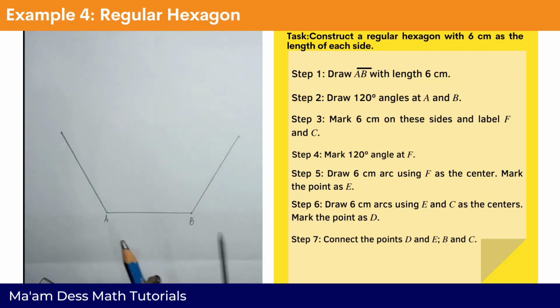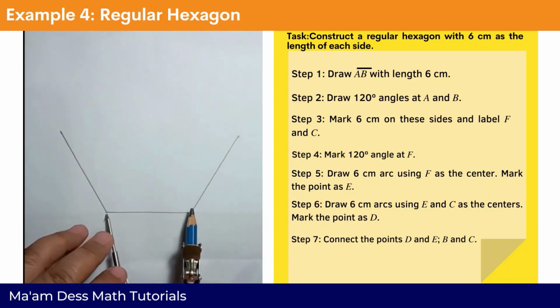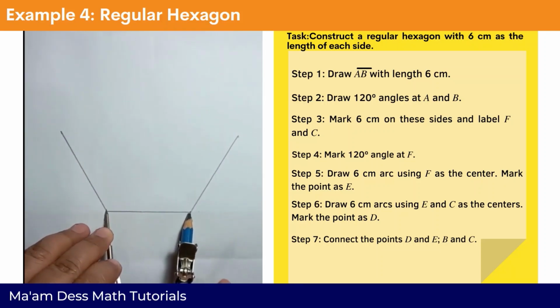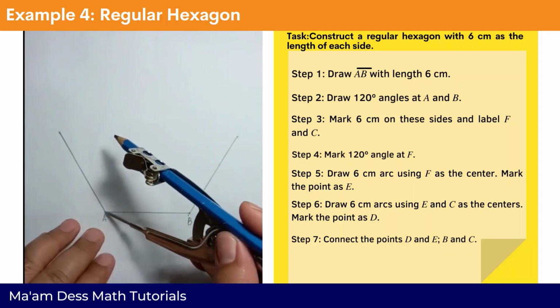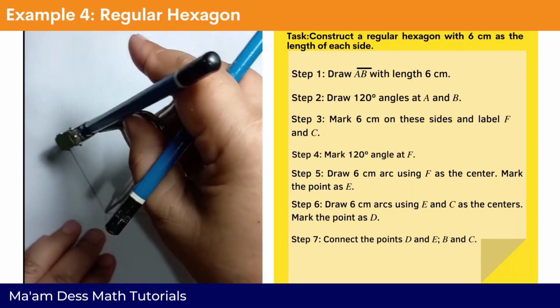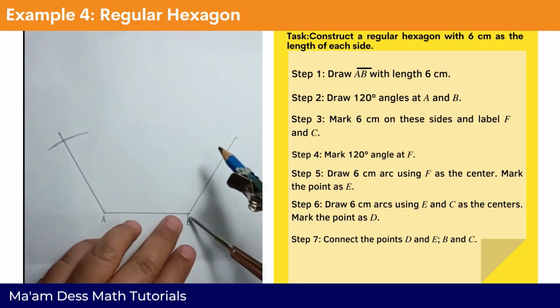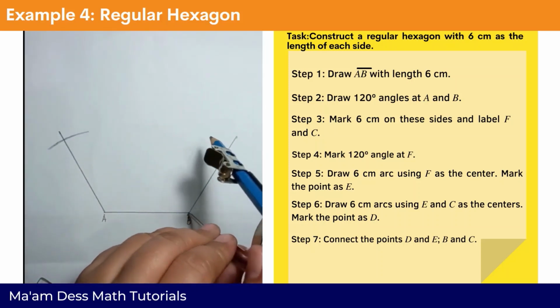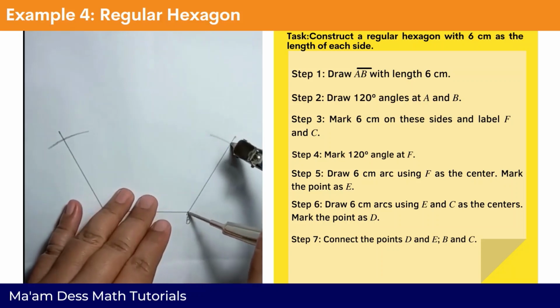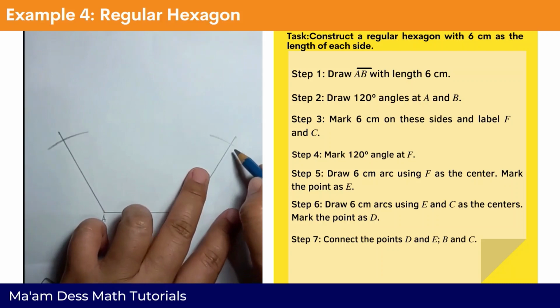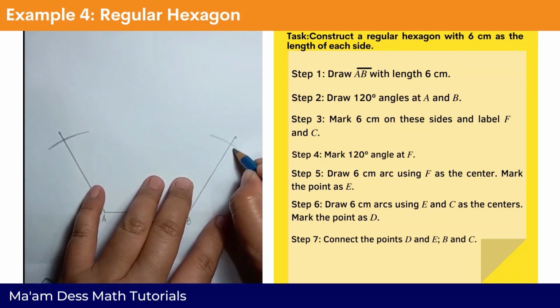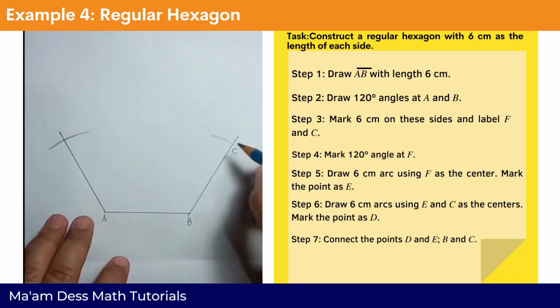Next, with the use of your compass, same 6 centimeters in length. Draw a mark. This one, draw an arc also. Okay, label this as C and this one as D.